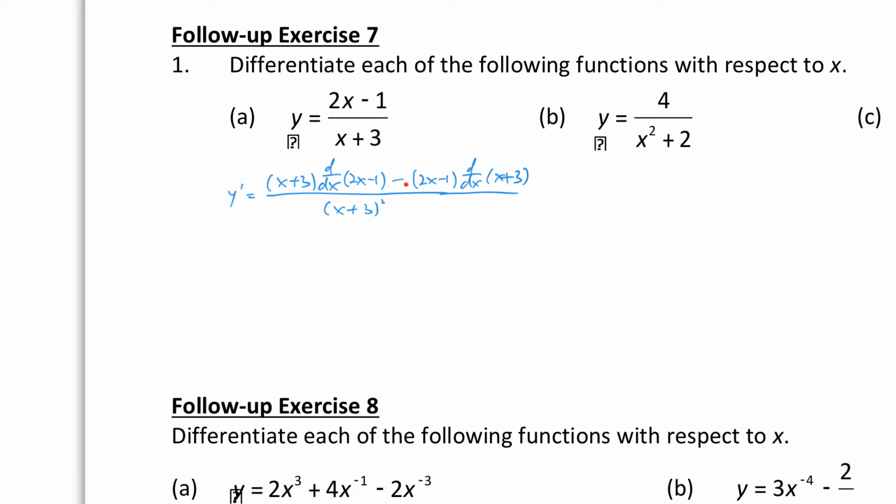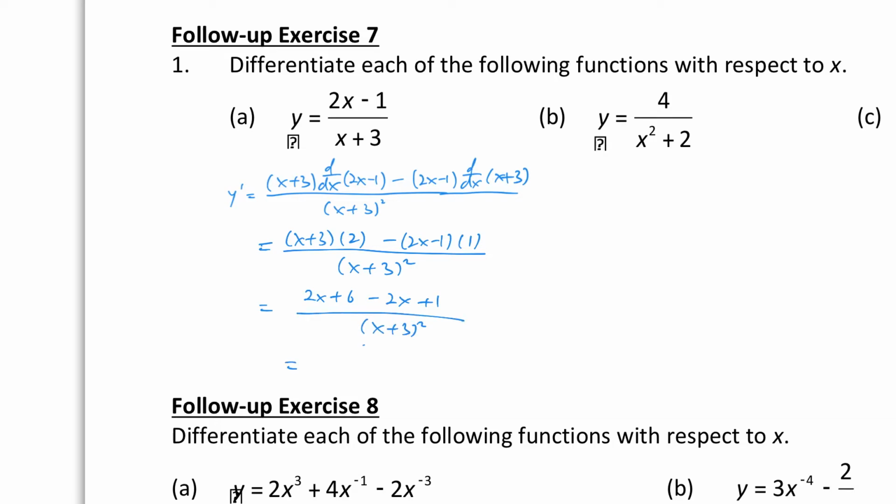And then minus, put down the numerator and then find the derivative of the denominator. So simplify it. The derivative of the first part is equal to 2 and the derivative of the second part is equal to 1. And then simplify it. This is 2x plus 6 minus 2x plus 1. So the final answer is 7 over x plus 3 squared.